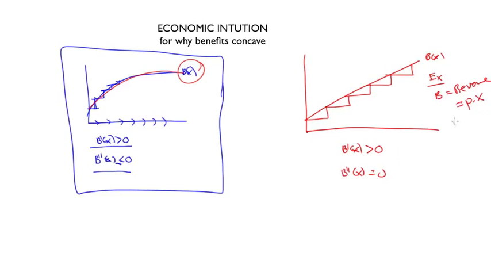This is a linear function with slope p. So I hope that this gives you an intuition for why in many circumstances the benefit function is either linear, in which case the second derivative is equal to 0, or has this strict concavity property so that the additional benefits of taking action x keep going down and down with subsequent actions.